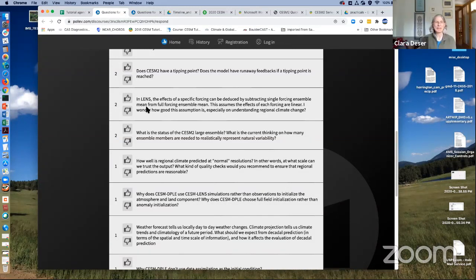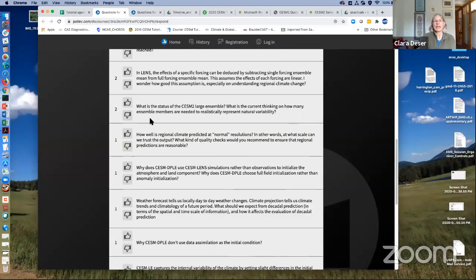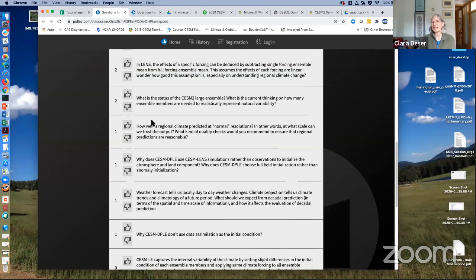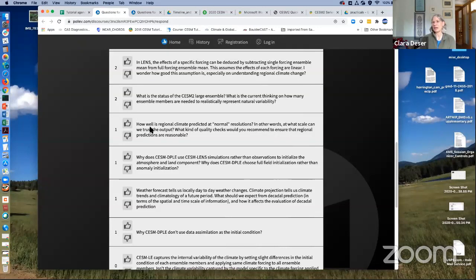So maybe I'll take a stab at that. That's a great question. And we're not assuming the effects are linear. We are fully aware that if you use this approach, you're not just isolating the effect of the forcing that was withheld from the simulation, but you're including any additional contributions from nonlinear interactions.